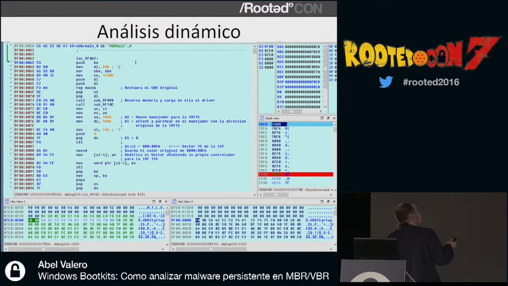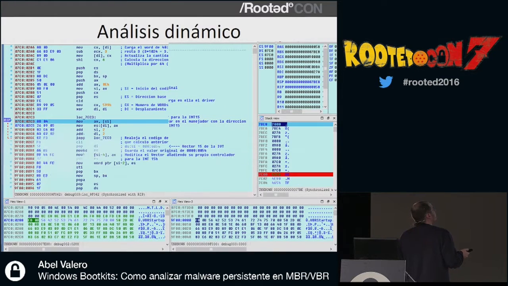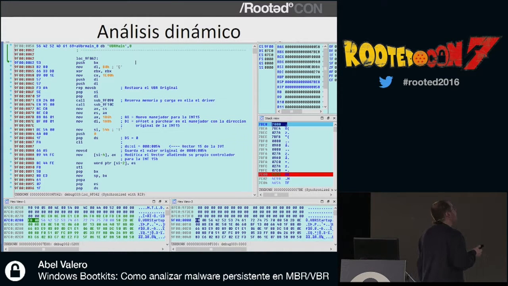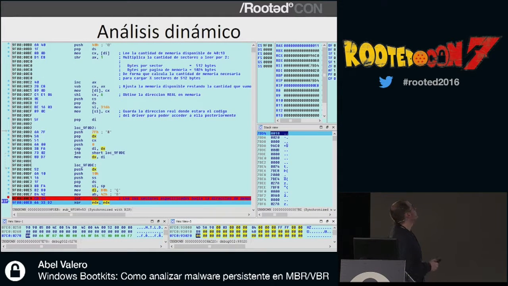The only thing left is to use a controller for interrupt 15. It installs a controller for interrupt 15. By doing this, it restores the system, the control over to the original system. The only thing is interrupt 15 that has been touched. After doing that, it will calculate.